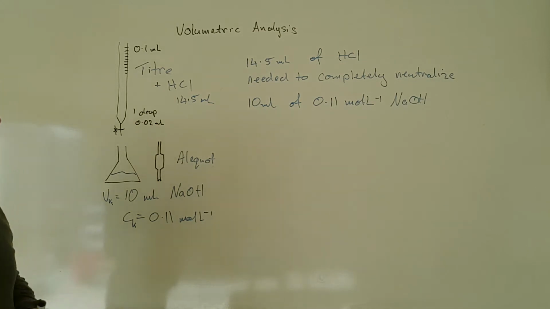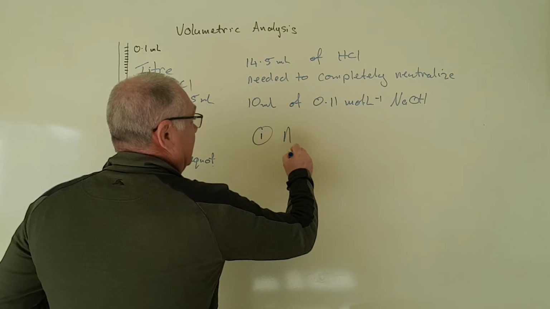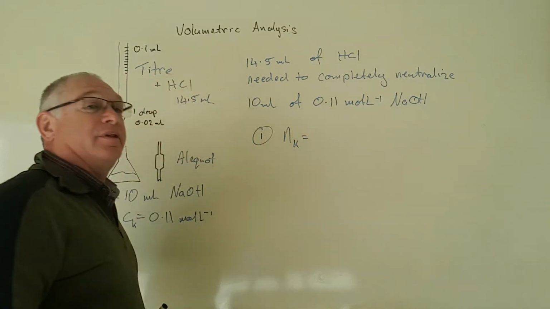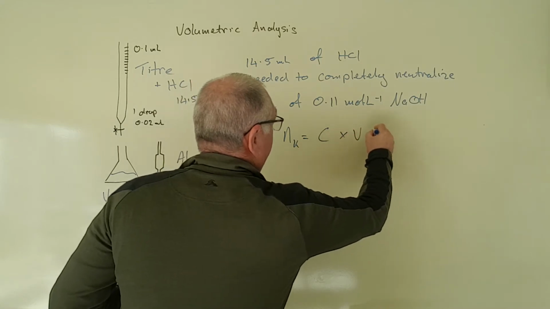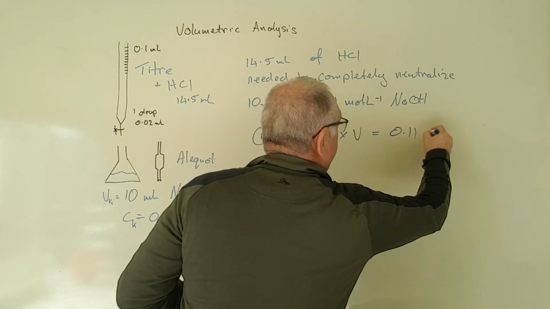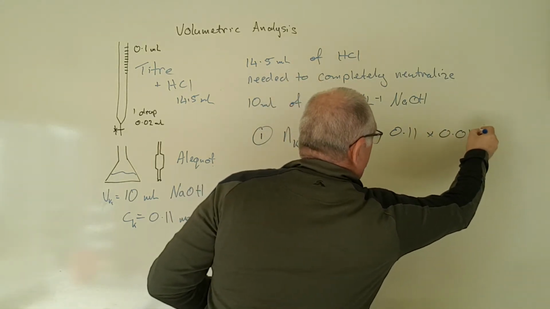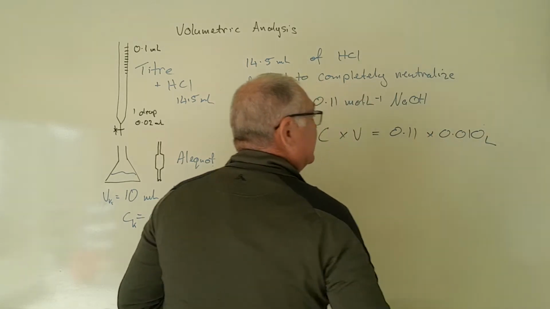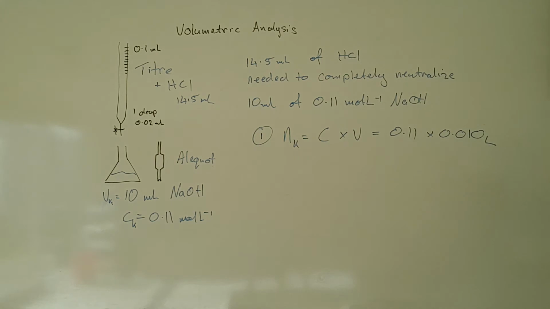So let's have a look at the calculation. Step 1 is to work out the number of moles of the known, or the sodium hydroxide. This is the concentration times the volume. I'm told that the concentration is 0.11. The volume is 0.010 litres. So it's very easy to change millilitres into litres.